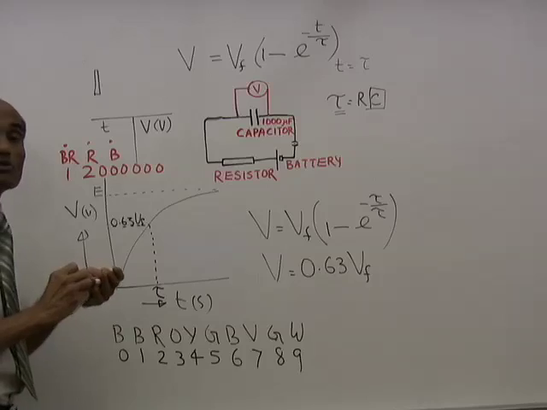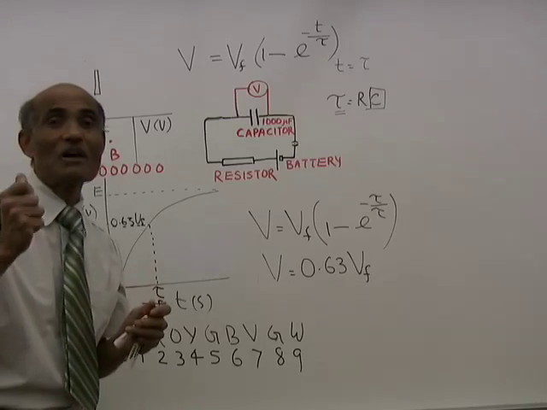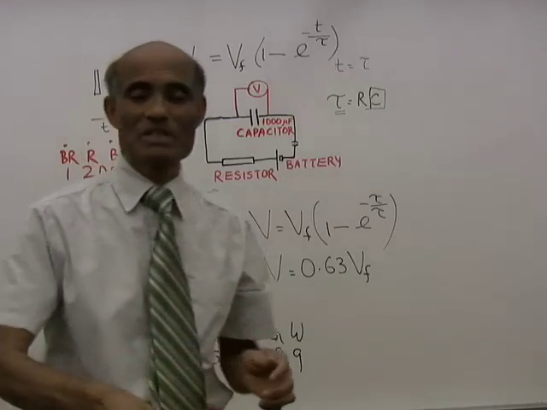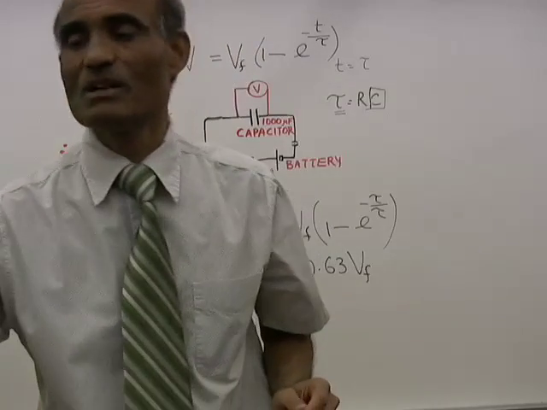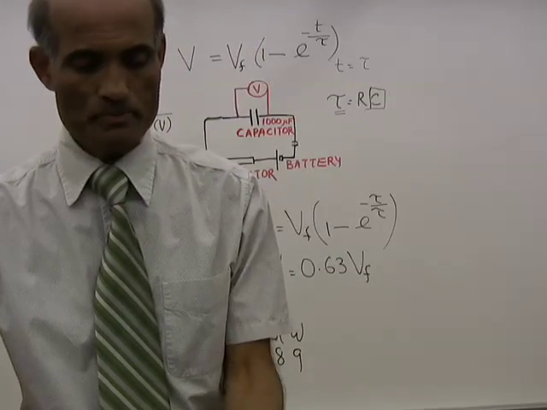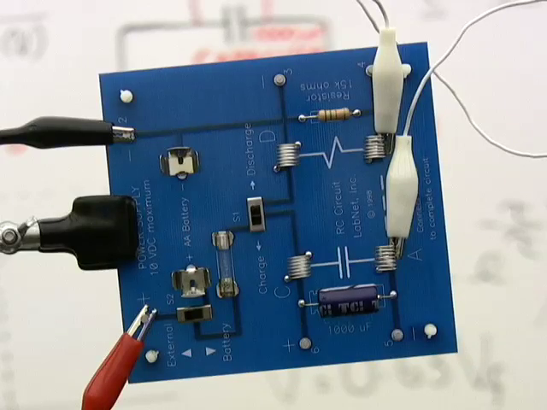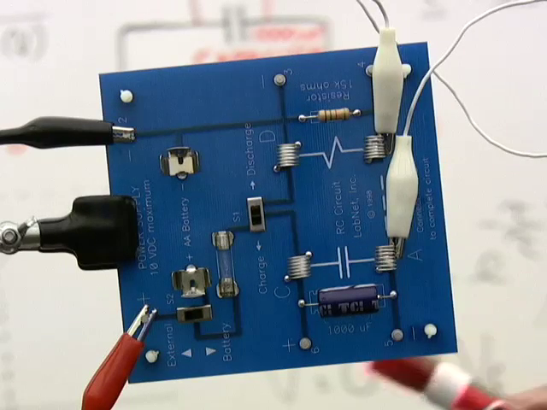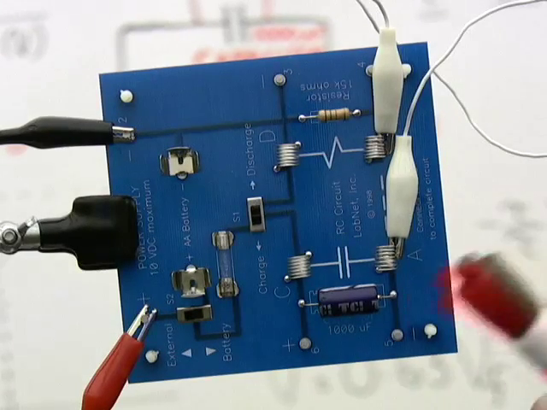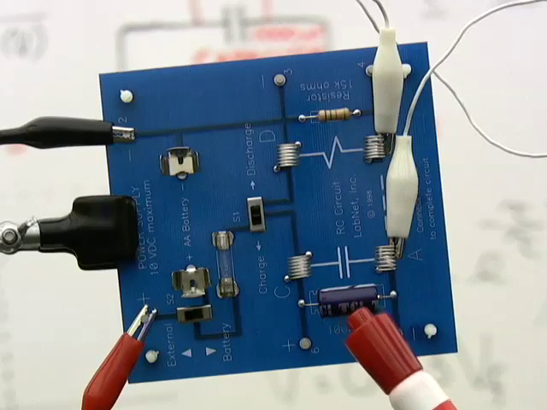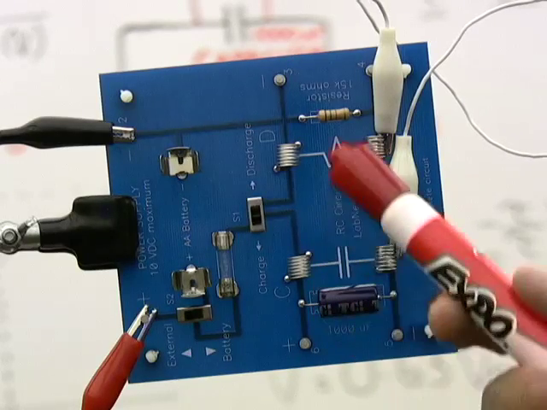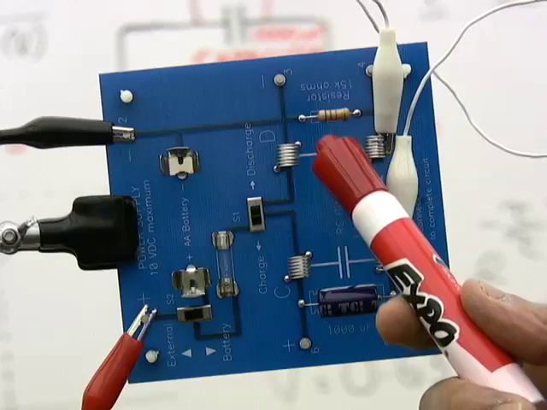Okay, I'm now going to show you that resistor. I want you to write down the value of the resistor right away. This is the circuit that we are using. We have the capacitor here, the resistor here.